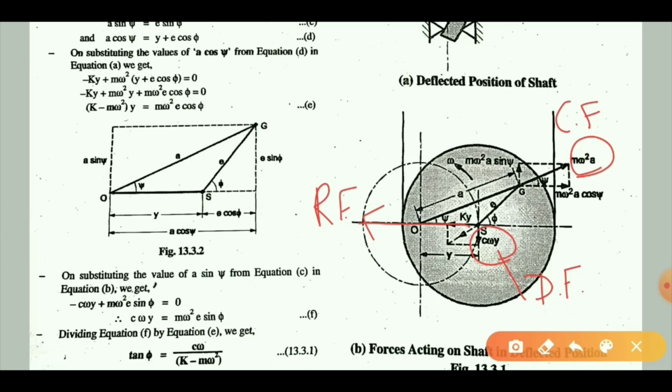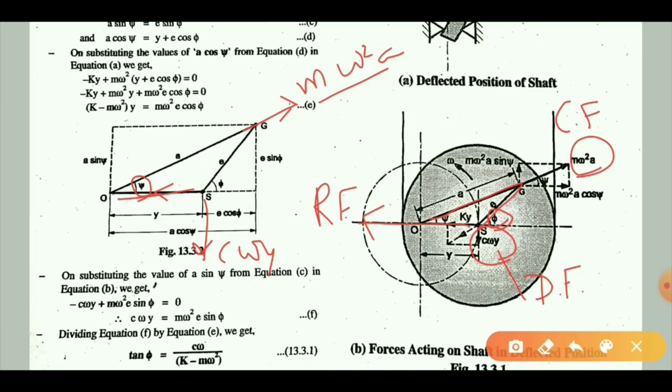So here we can see this will make a psi angle, and this will make a phi angle, G and S. Here there will be the c omega y, and this will be the m omega square a, and the spring force will be k into y in this direction.